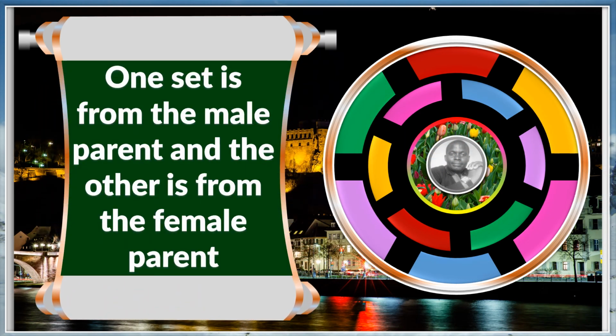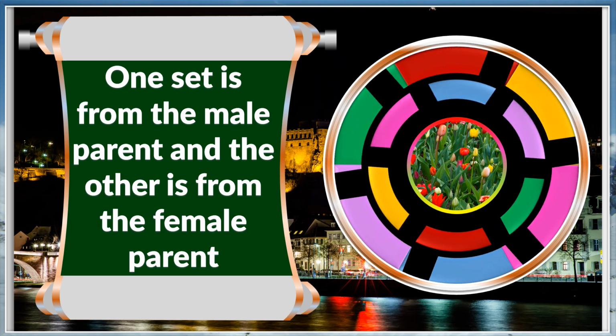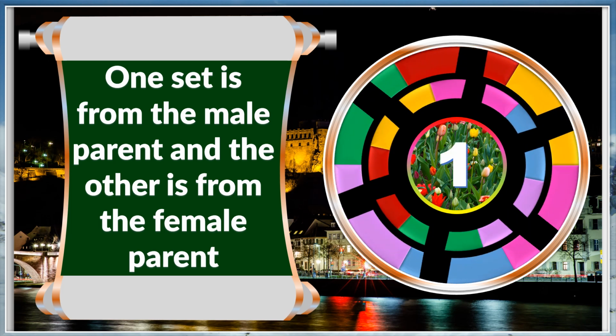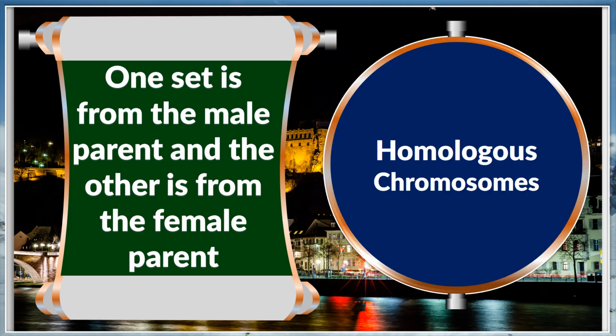One set is from the male parent and the other is from the female parent: homologous chromosomes.